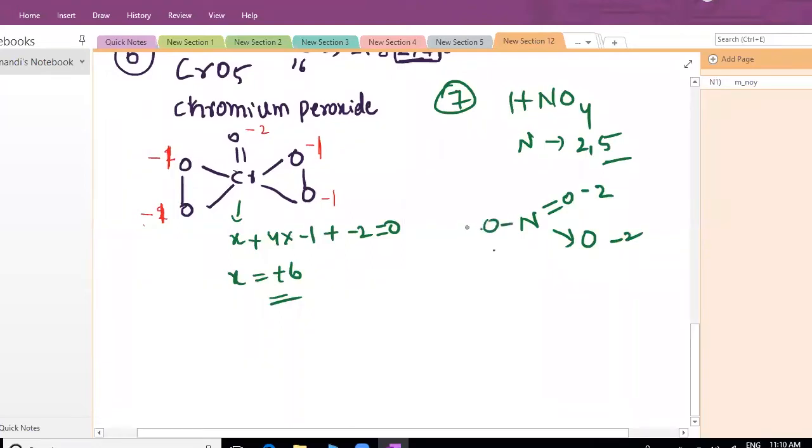Oxygen, H. So 1 into hydrogen, plus this is -1, 2 into -1, plus 2 into -2 equal to 0. x equal to plus 5.